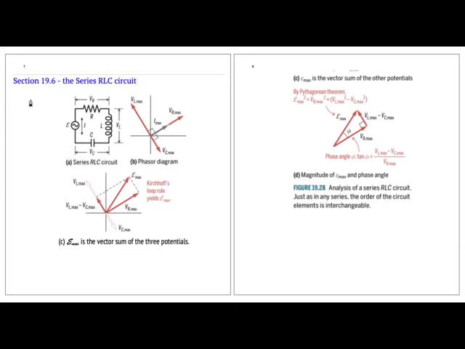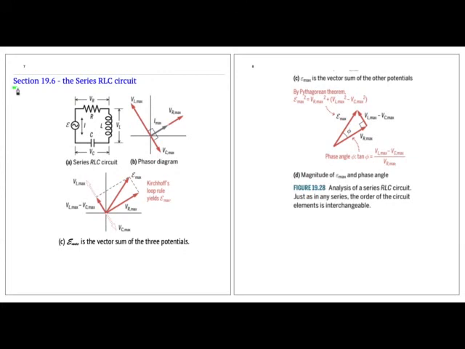That was section 19.5, which shows the relation between current and voltage for capacitors and inductors. There's also resistors, but we've already studied resistance in Ohm's law. And the phase angle for a resistor is 0.